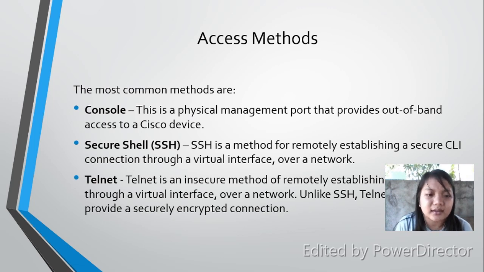The next one is Telnet. Telnet is an insecure method of remotely establishing a CLI session through a virtual interface over a network. Unlike SSH, Telnet does not provide a securely encrypted connection. That is the difference between SSH and Telnet.